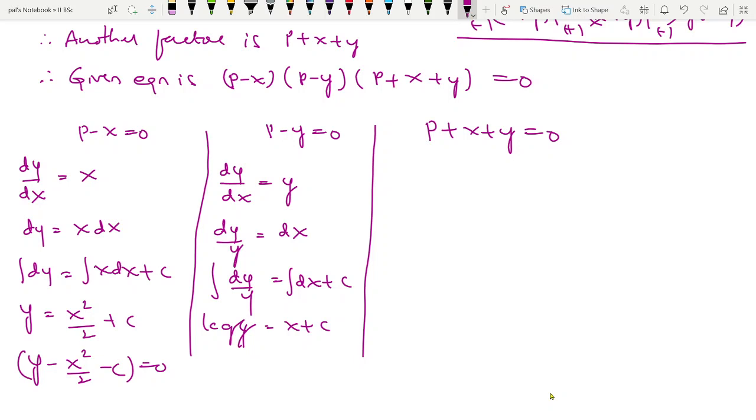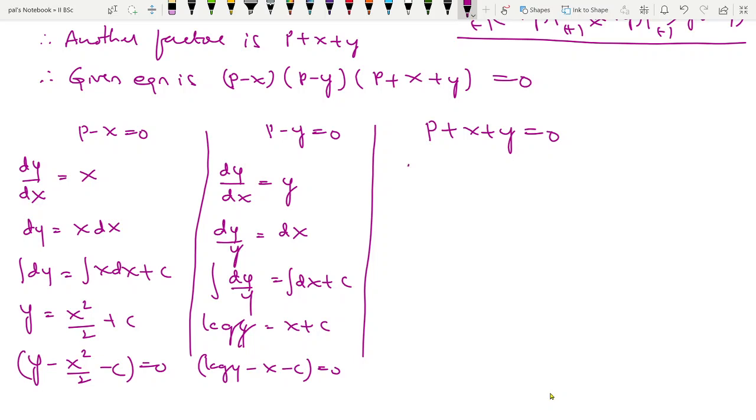You can write it as log y minus x minus c is equal to 0. Or you can write it as y is equal to e to the power of x plus e to the power of c. Like that also you can write, no problem. Write whichever is convenient for you.